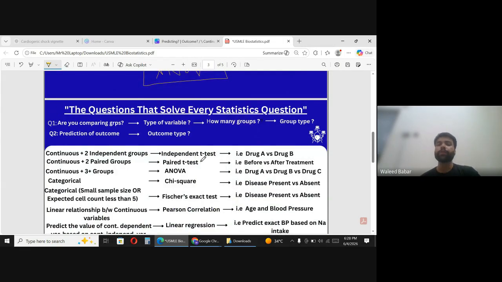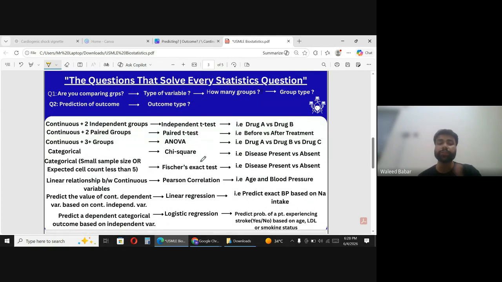Whenever you have a statistical test question, you should ask two questions from the question stem. Number one, whether the question is comparing groups or asking to predict an outcome. If it's comparing groups, your next question should be what type of variable they are asking about, whether continuous or categorical.